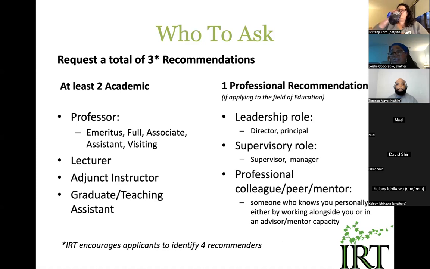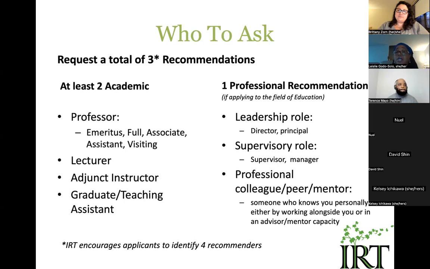Because oftentimes something falls through with one recommender and you're left in the lurch. And if you've had a 4th person on notice, then you can easily pivot to that individual. At least 2 of these letters should be academic.